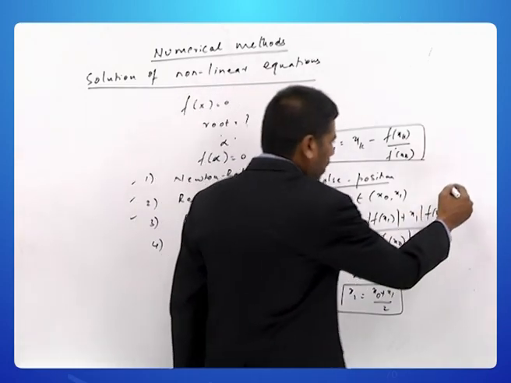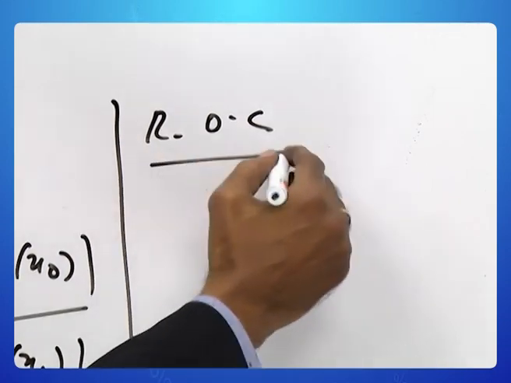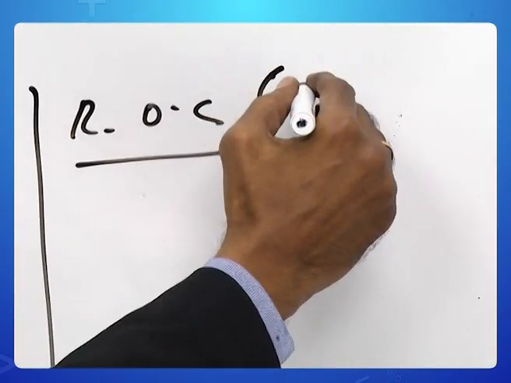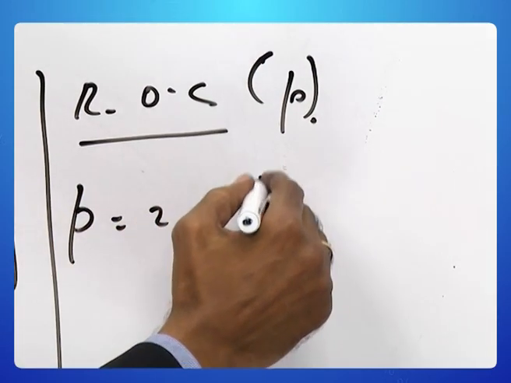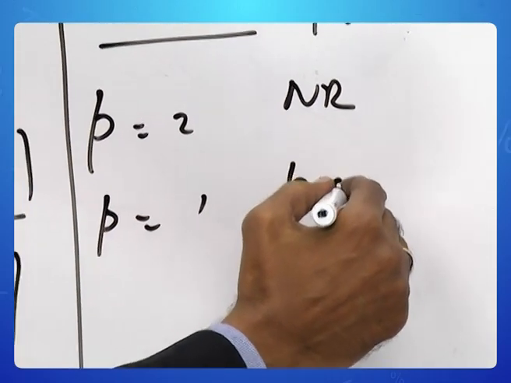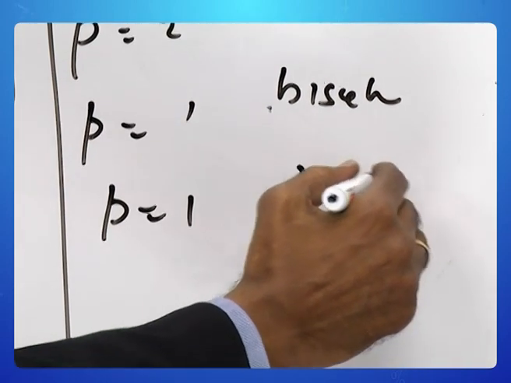Now we would like to also mention the rates at which these methods work. There is something known as rate of convergence, which we normally denote as P. P is equal to 2 for Newton-Raphson method, P is equal to 1 for bisection, P is equal to 1 for regula-falsi.